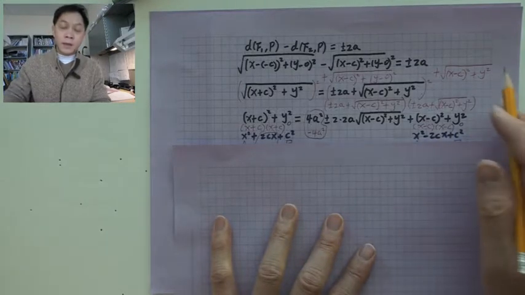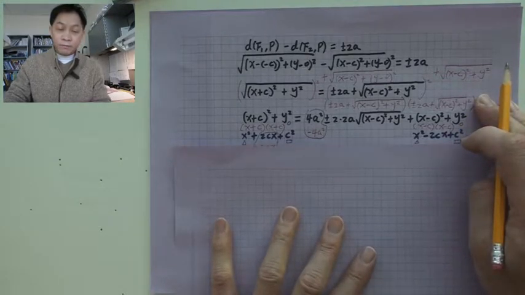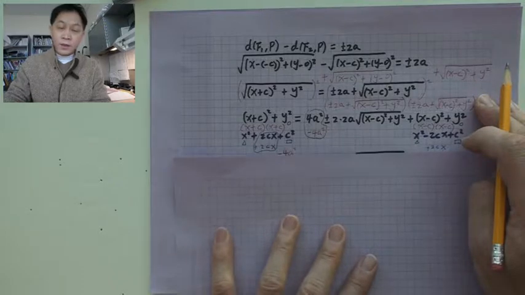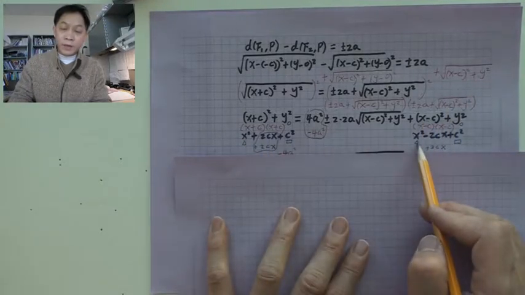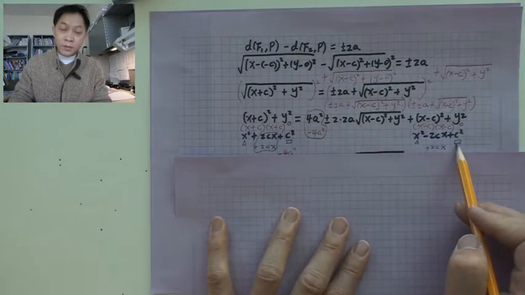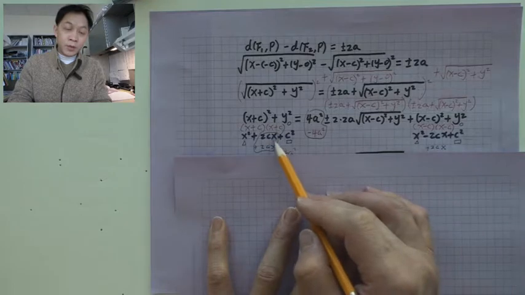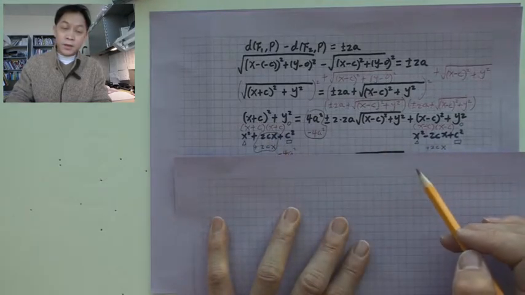All right, let's see what we have. Right down here, we have x squared, they are the same. c squared, they are the same. Here is positive 2cx, here is negative 2cx.